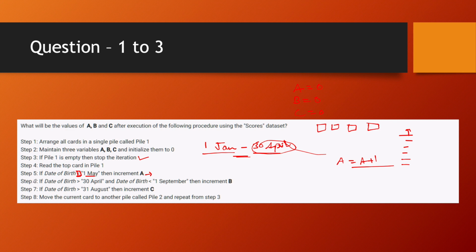Similarly, you go to step 6, the next step, and you see that if the date of birth falls between, here it says, greater than 30 April and less than 1st September. What does it mean? Greater than 30 April does not include 30 April. That means in this case, the birthday should fall between the 1st of May and the 1st of September, but 1st of September is not included, which means you go up to 31st of August.